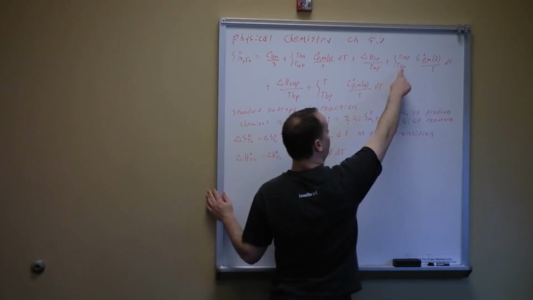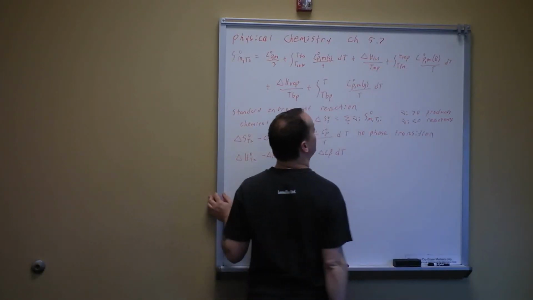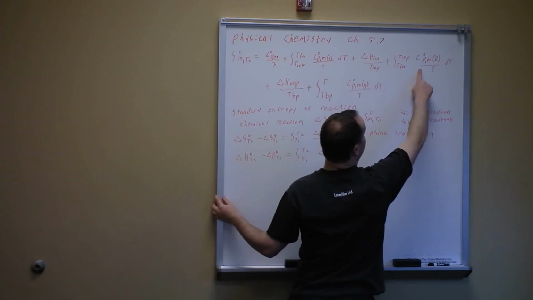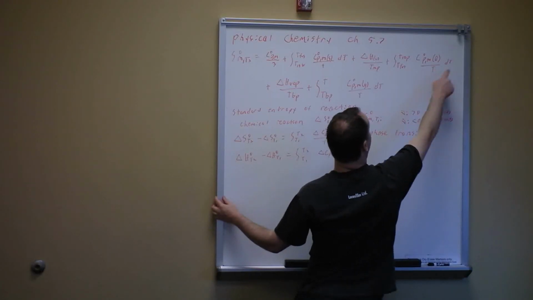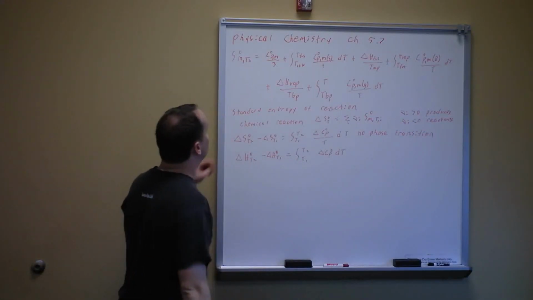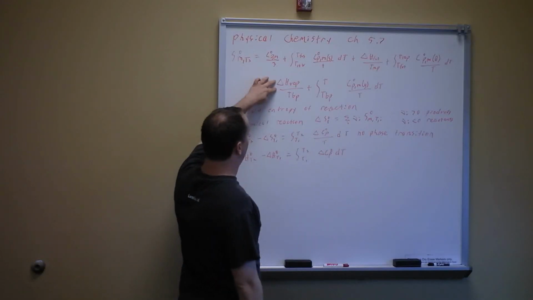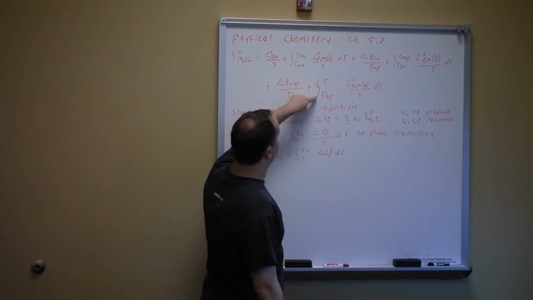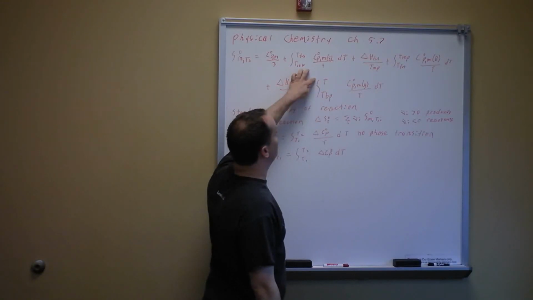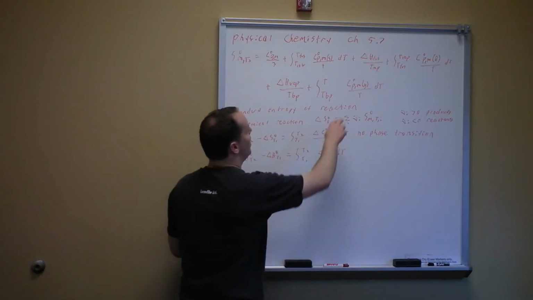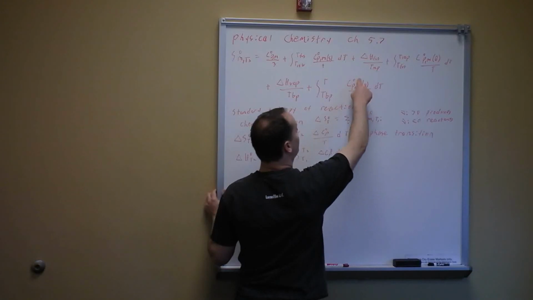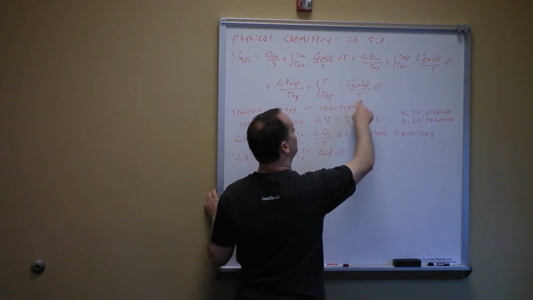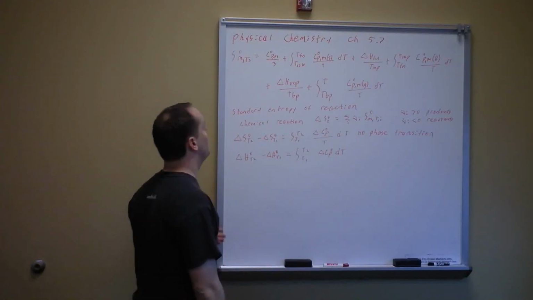And then we're going to take the integral from the melting point to the boiling point of just Cp,m of the liquid phase divided by temperature with respect to temperature. And then we're going to add in the heat of vaporization divided by the temperature at the boiling point, plus the integral from the temperature of the boiling point to our actual temperature of interest of the Cp,m naught of the gaseous phase divided by temperature with respect to T.